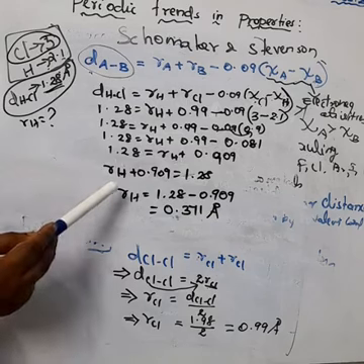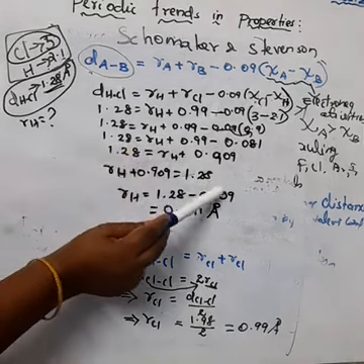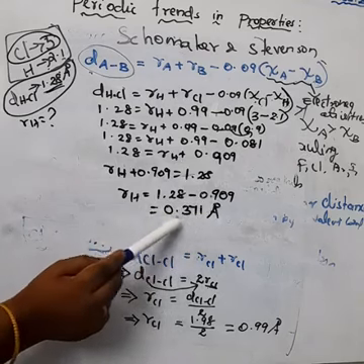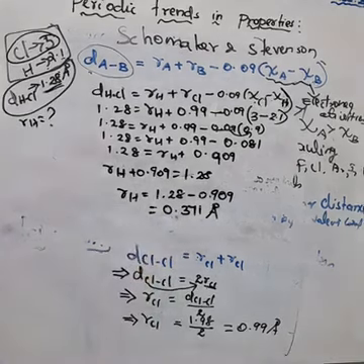By substituting these values we get the covalent radius of hydrogen, 0.371 Angstrom. Understood? I hope all of you understood.